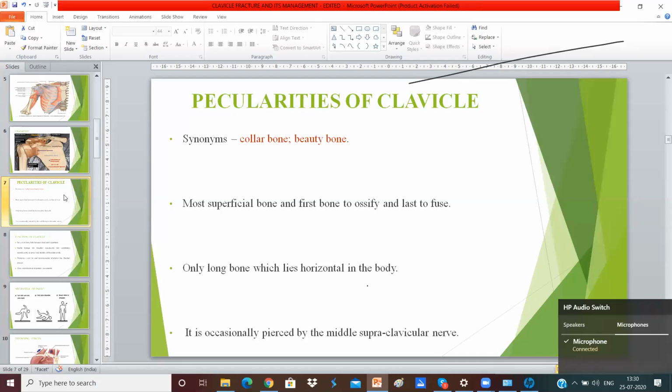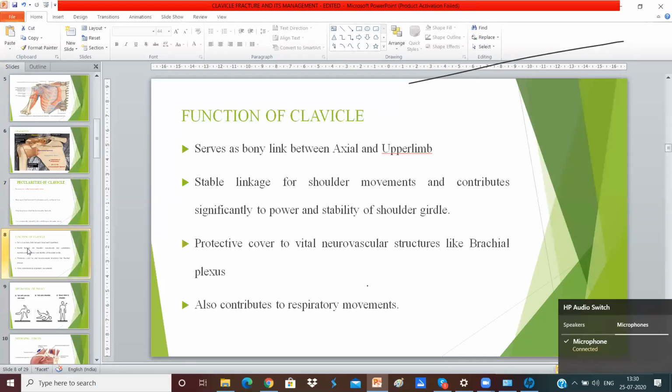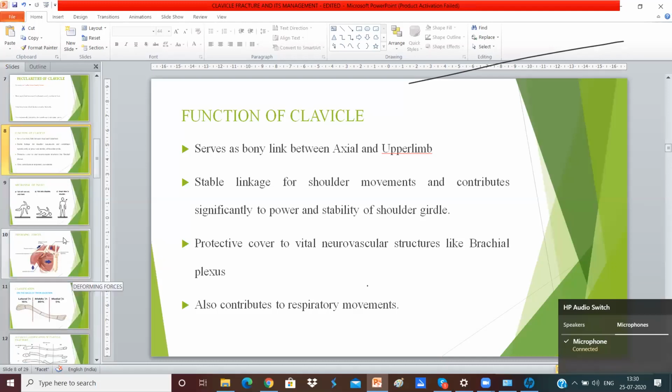So it is a long span. Ossification starts very early, but interestingly, the completion of the ossification process takes a very long time. It is also occasionally pierced by a nerve. That is the interesting point we sometimes encounter in case of your clavicle. So what are the functions?